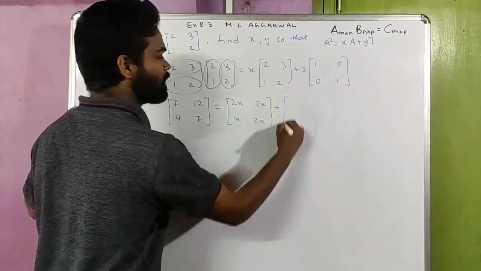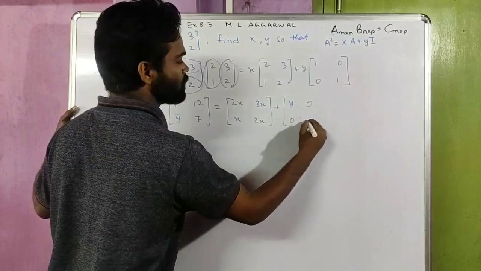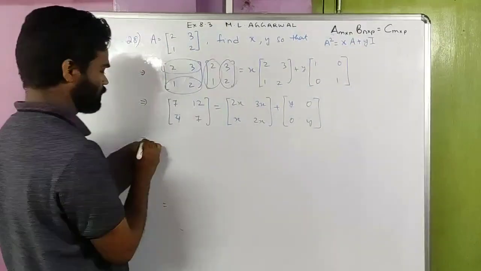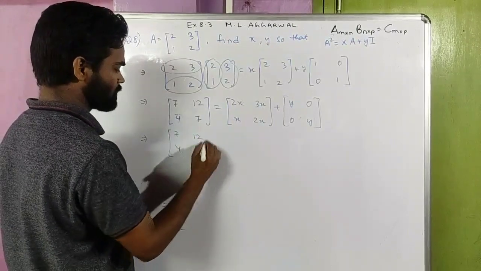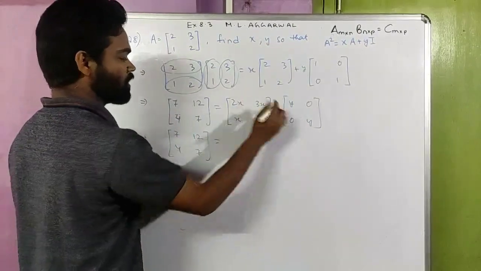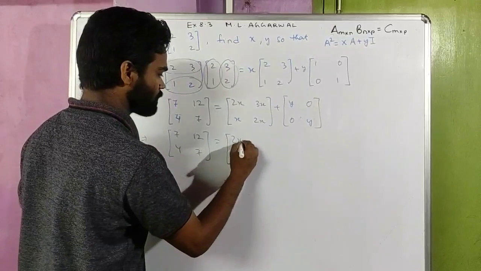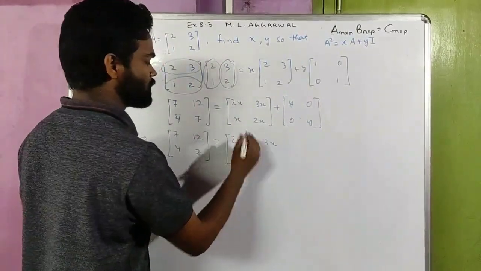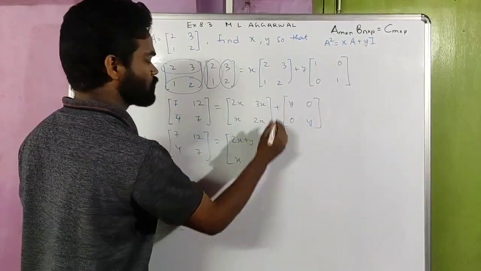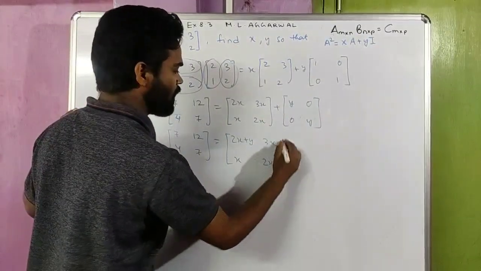And this y, 0, 0, y. Now look carefully. This is 7, 4, 12, 7. And this is 2x plus y, this is 3x, this is x, and this is 2x plus y.